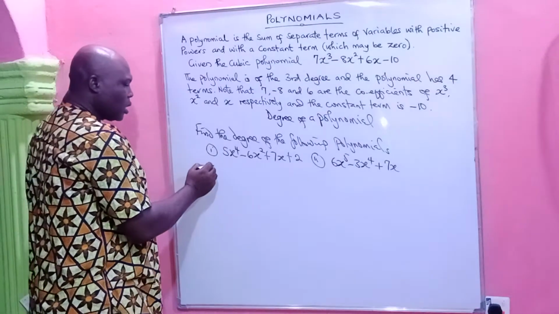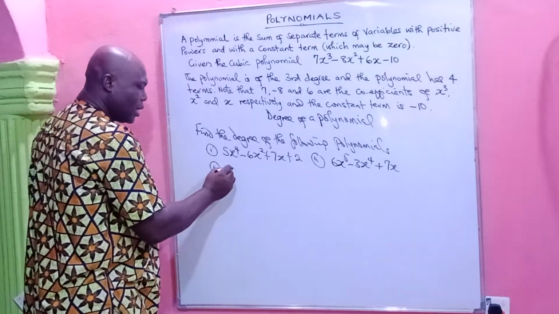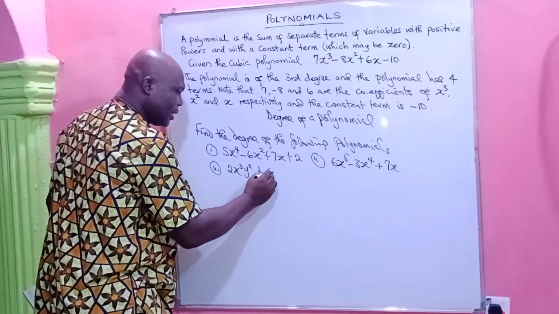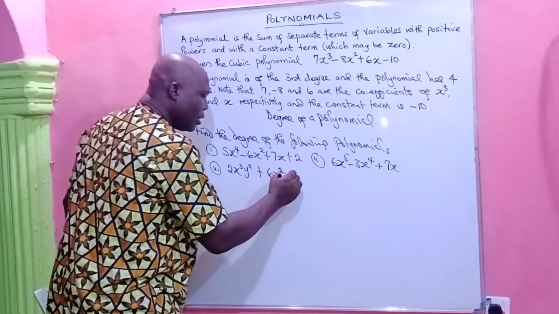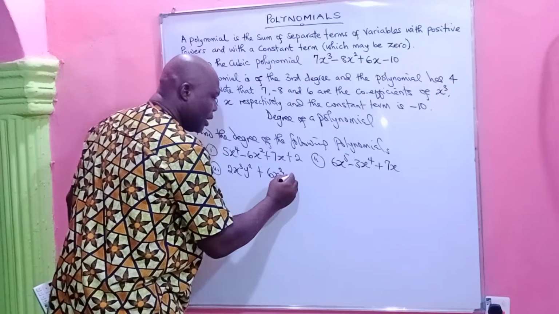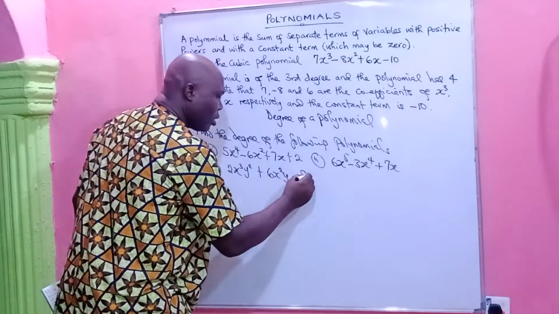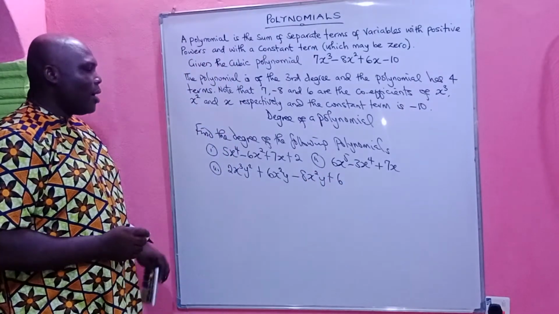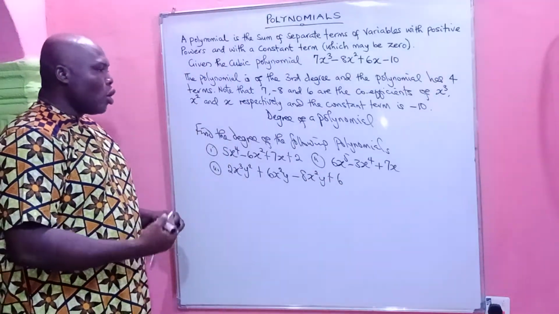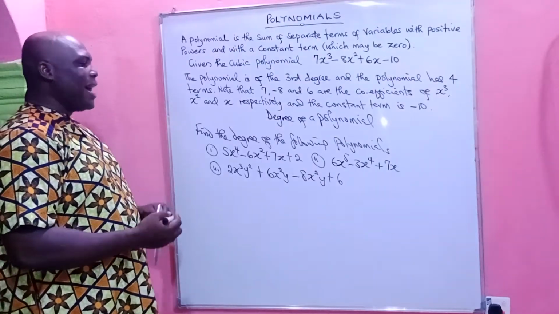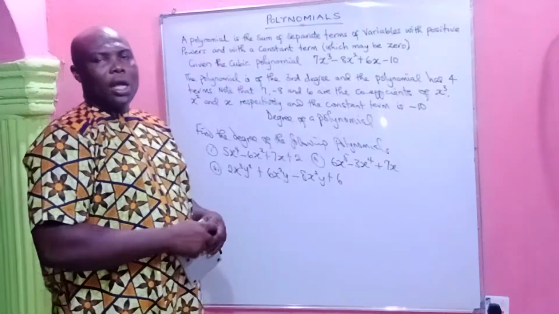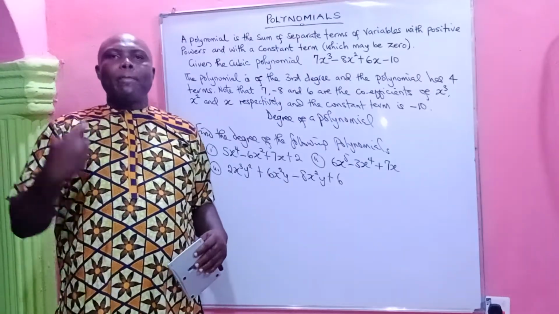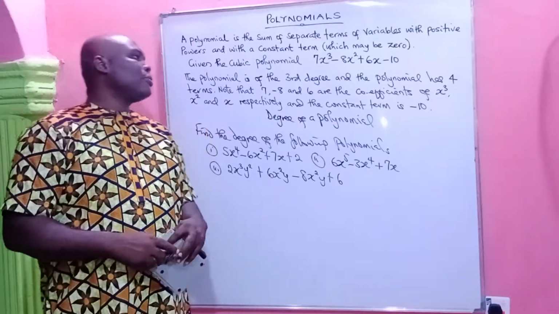Now the third one could be, let's say, 2x³y² + 6x²y − 8x²y + 6. Now these are all polynomials. They said we should find the degree of the polynomial. And we understand that the degree of the polynomial is the highest power of the variable of that polynomial.